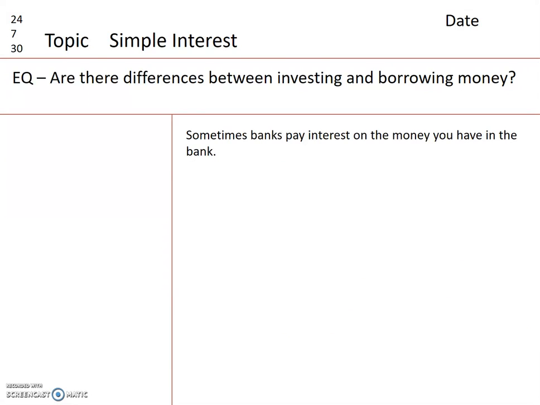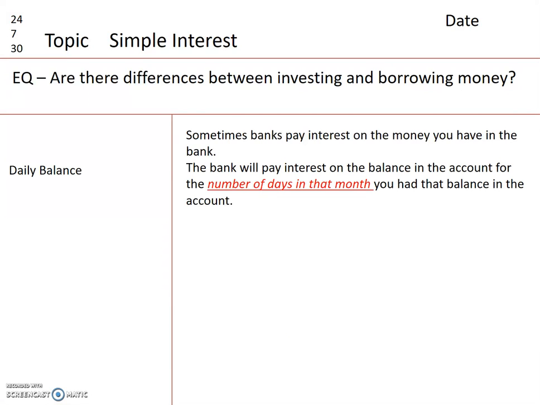Another way that the bank can calculate interest is your daily balance. The bank will pay interest on the balance in the account for the number of days in that month you had that balance in the account. So let's say you had $600 in the account for 6 days at 6%.